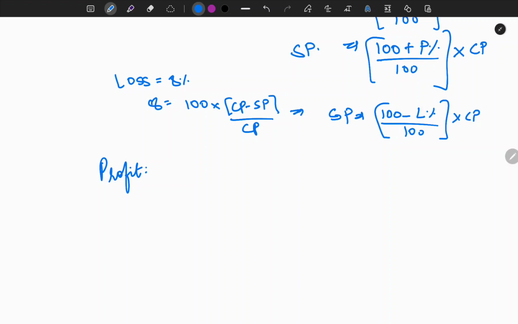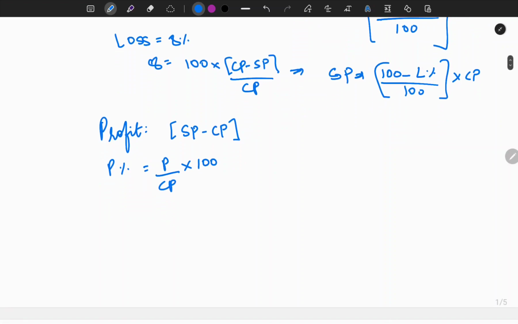In case of a profit, which is selling price minus cost price, your profit percent is profit upon CP into 100.